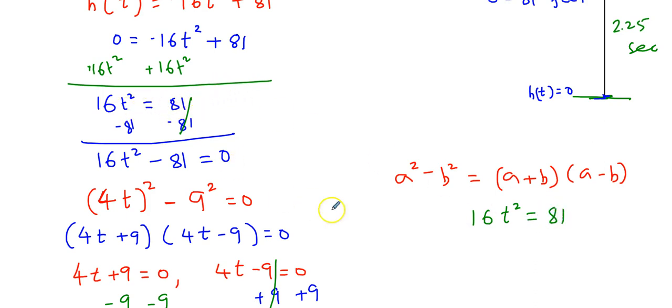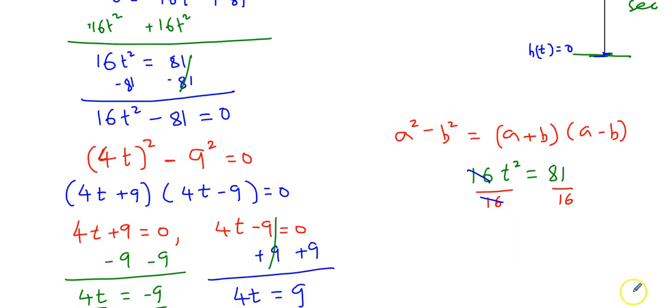I'm going from this step. Solve for t. So I'll divide by 16 on both sides. So 16 and 16 will cancel off, leaving behind t square. t square is equal to 81 over 16.